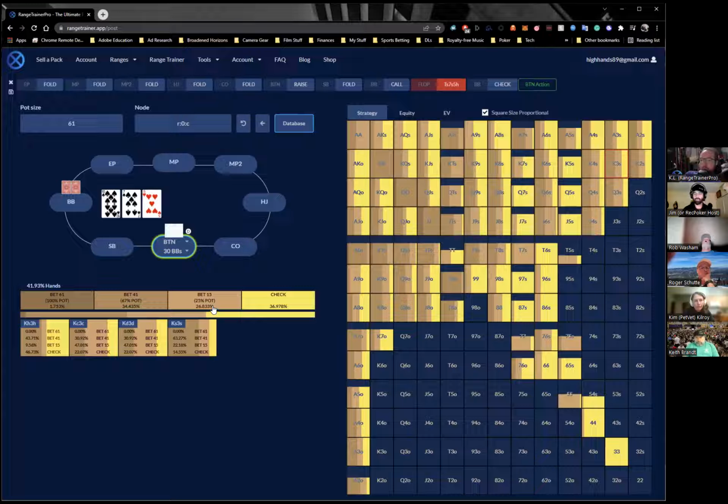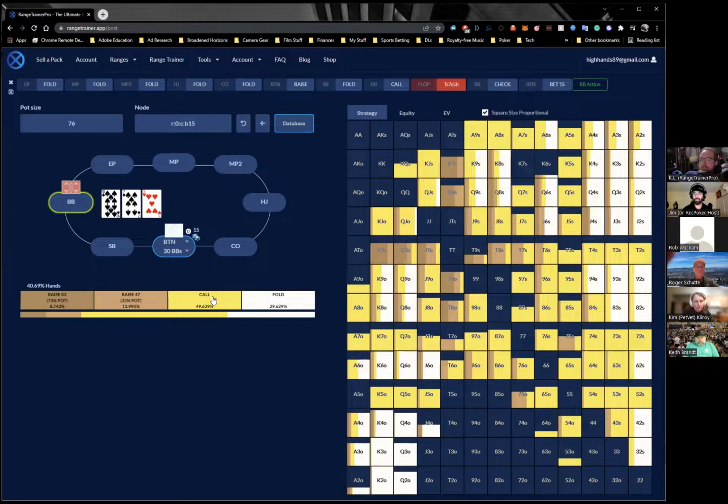I'm gonna go ahead and just choose a clear pot because that's what my default would be for the most part. And we can see here that Big Blind is defending nearly exactly half the time. It's raising about 20% of the time, and then folding the other 30% of its range.